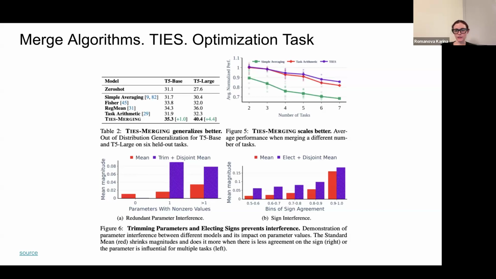Resolving sign conflicts ensures that the parameter contributions are constructive rather than canceling each other out, which is crucial for maintaining the integrity of the merged model's functionality. This approach aligns with principles of transfer learning, where the goal is to adapt pretrained models to new tasks while preserving previously acquired knowledge.